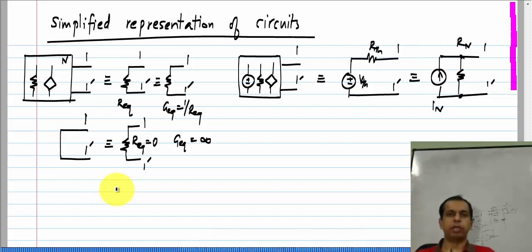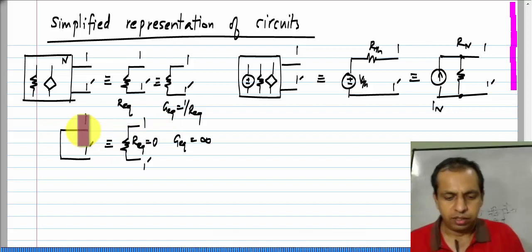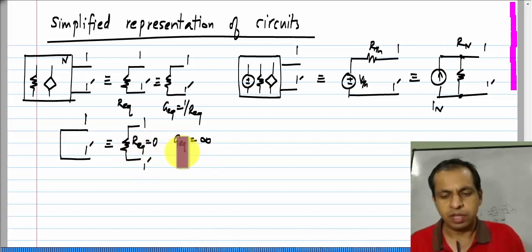When you have to manipulate infinities, sometimes what you have to do is to assume that that quantity is finite and then take the limit as it goes to infinity. So, when you have a short circuit, saying that resistance is 0 is a legitimate representation, you can use this in calculations. It is correct to say that the conductance is infinity, but you can't use this number in any useful calculation.